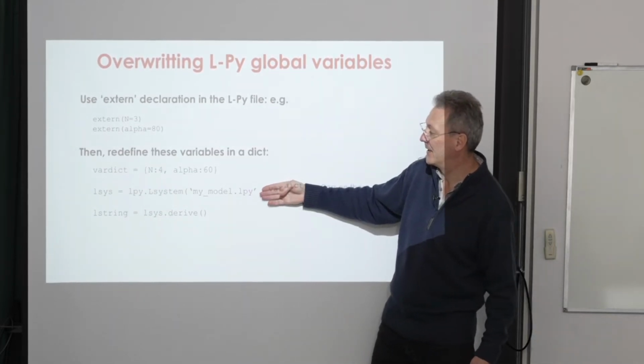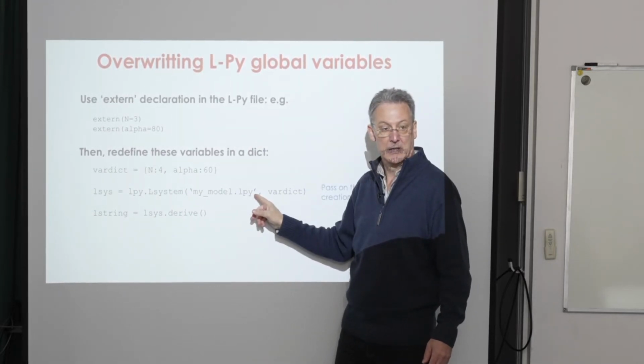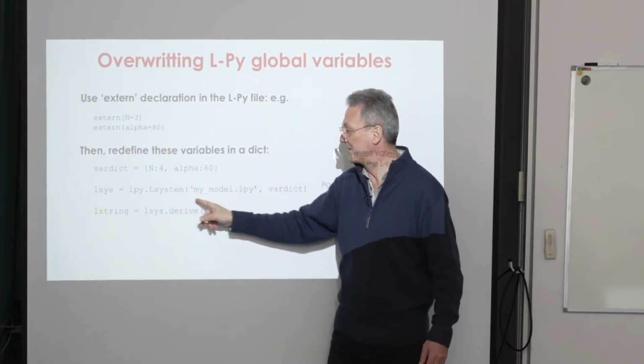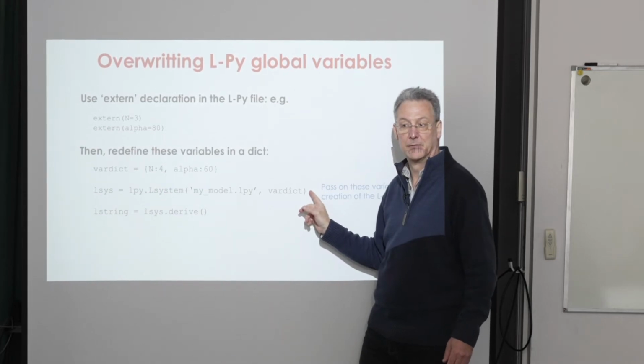If I want to apply this new value to my L system, before I was creating this object from my LPy file using this command. Now I add the dictionary value with the variable.